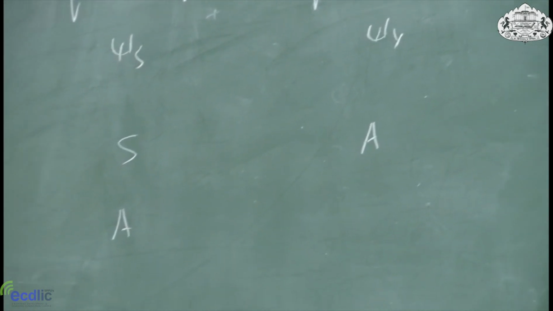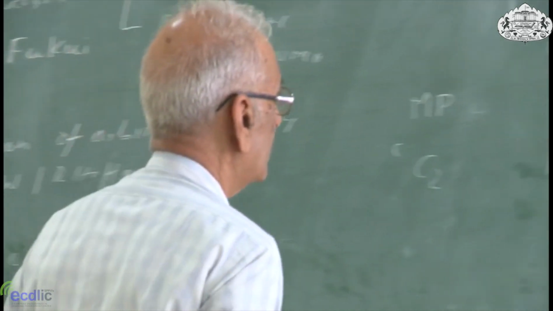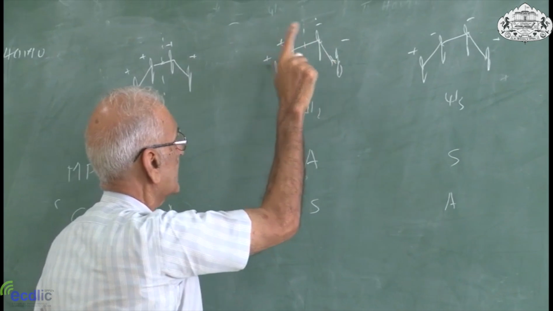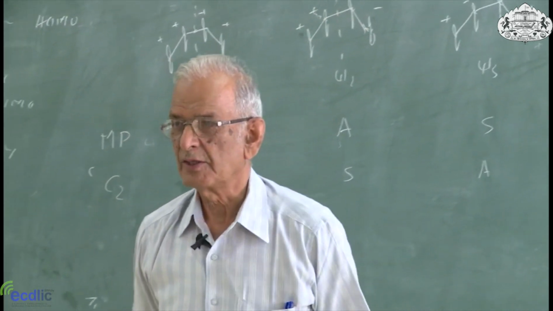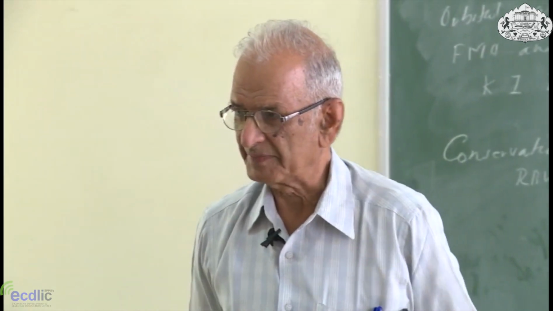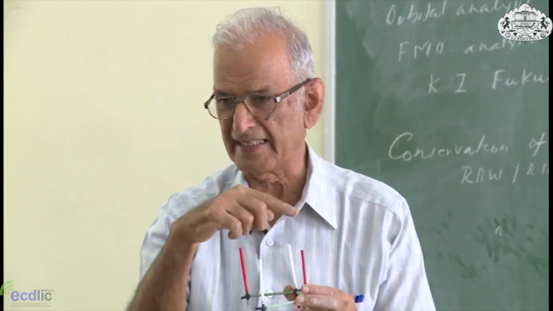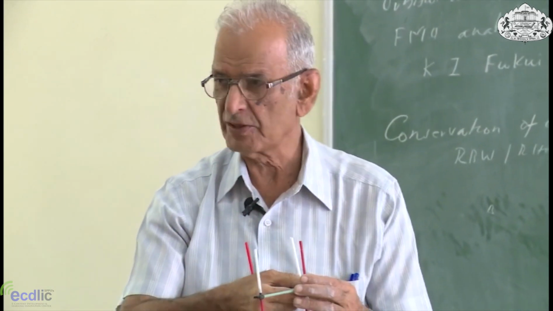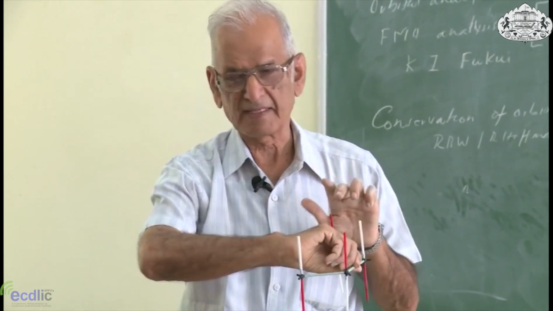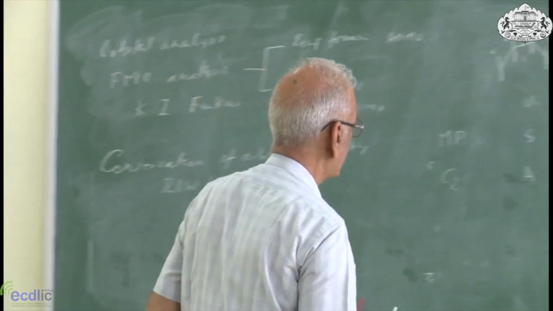With a model it's easy, but suppose I ask you without the model, what's the way to do it? First and last is opposite, second and second last is opposite. Automatically, it means C2 is symmetric. What did we start with? Plus, plus, minus, plus, minus. So, C2 axis is symmetric.